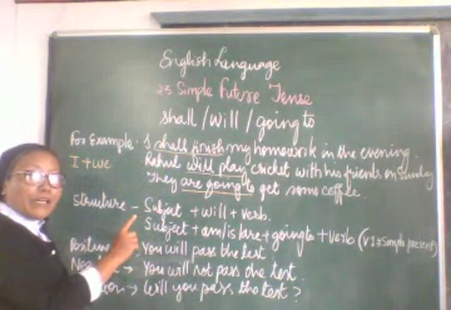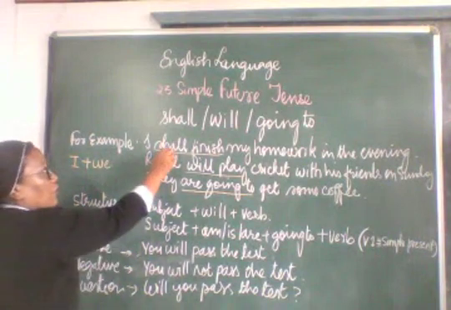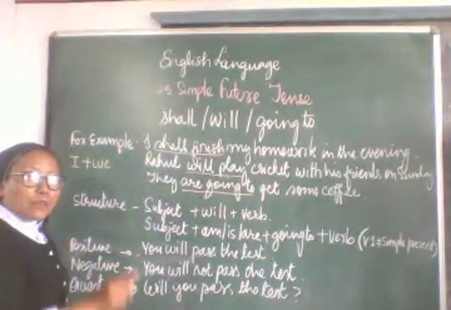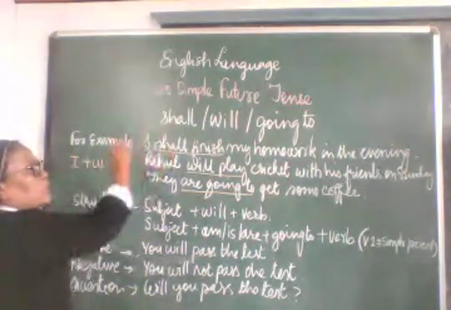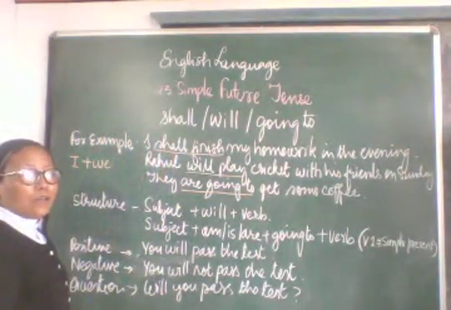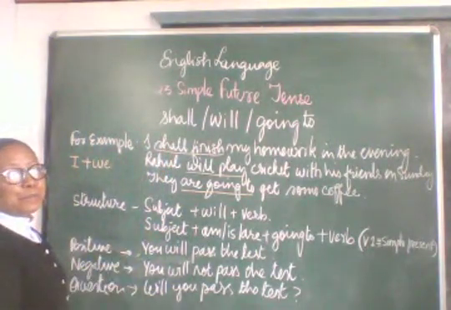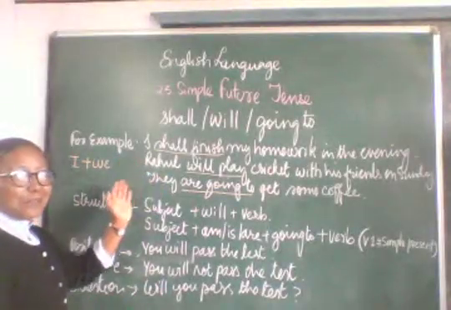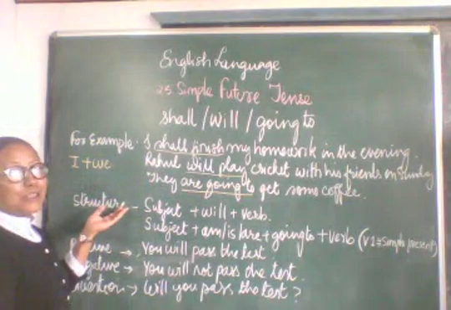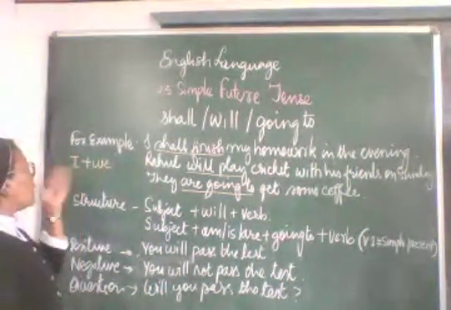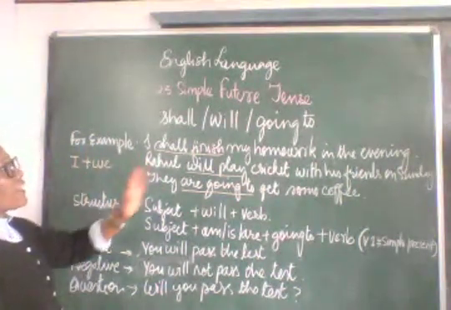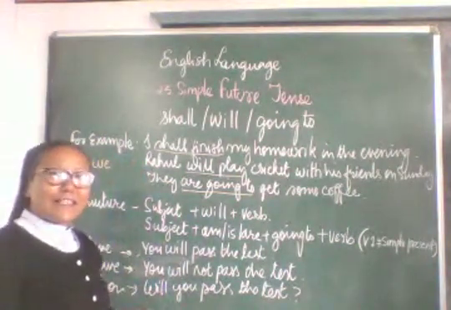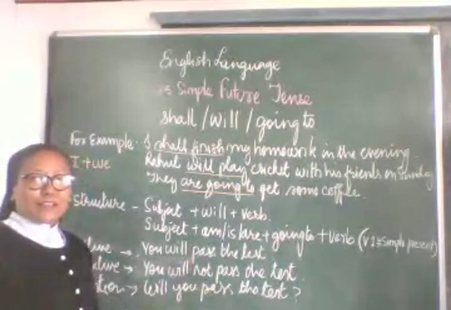There's nothing wrong if you use only shall or only will. Shall is more formal and a little old. That kind of rule was there, but now it's more open to will. So, I will finish my homework in the evening, or we will finish our homework in the evening. Like this you can use.